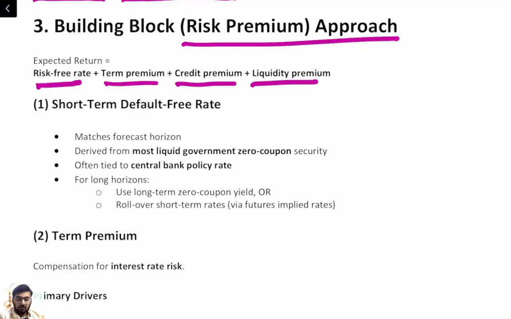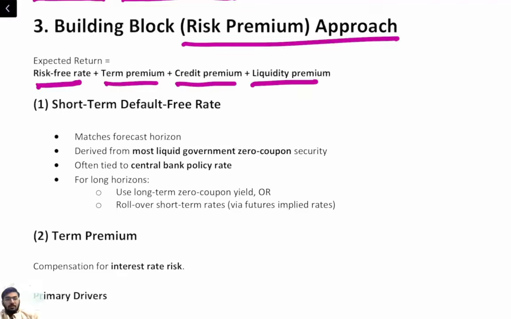Clear? So now if your risk free rate is high, definitely the return of the bond is high. Term premium is high, means the larger the maturity of the bond, the higher the interest rate. Credit premium, if there is a default risk, the return of the bond is high, otherwise it's less. Clear? Liquidity, if the liquidity risk is high, the interest rate is high, otherwise it's going to be lesser.